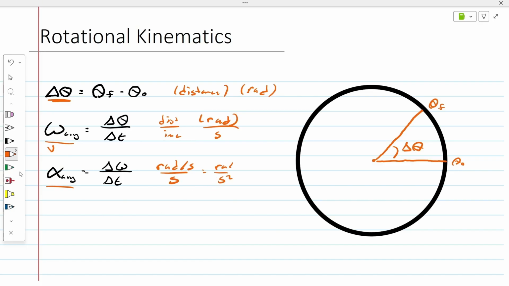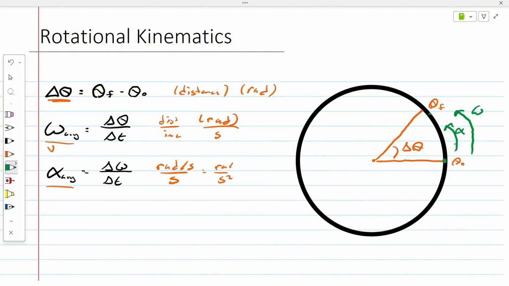And if we put these two quantities on this circle here, let's say when it's traveling from this point to this point, it's going to have some angular velocity. It also could be accelerating. If it starts at rest and then starts rotating, there also could be some angular acceleration.